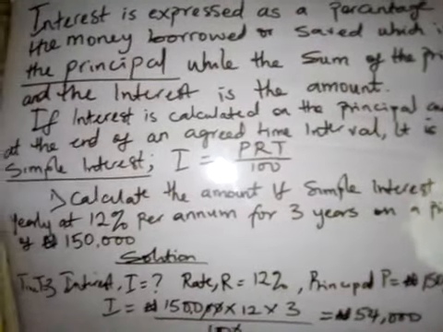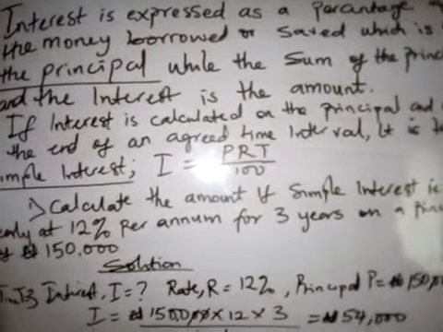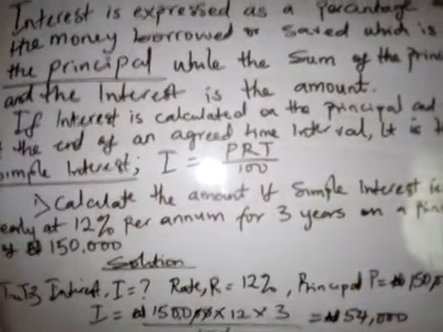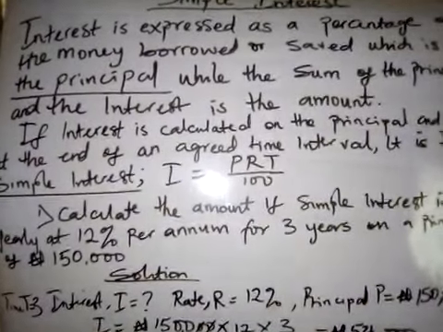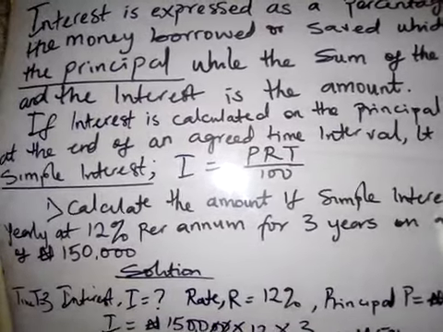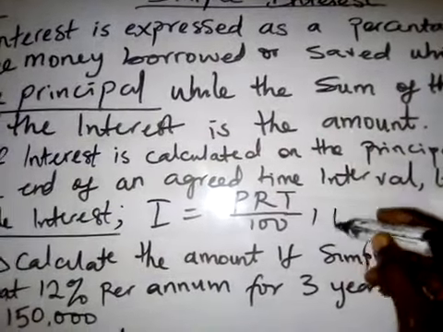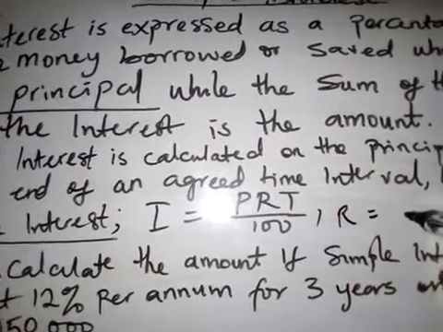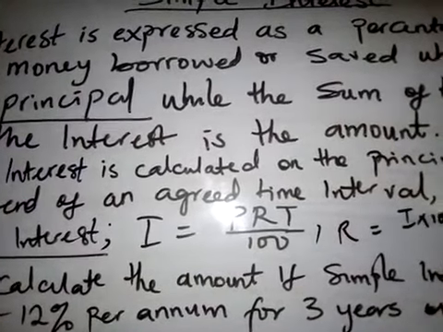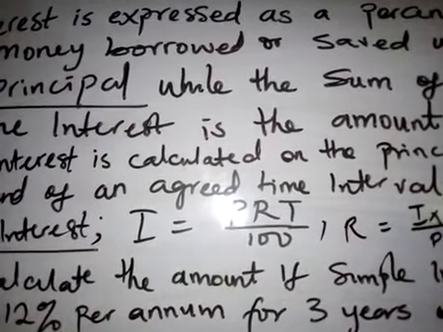And the formula for it is interest, which is I, is equal to principal times rate times time over 100. So don't forget this. Interest is principal times rate times time over 100, and you can make R the subject of formula. If you make R the subject of formula, you will have this times over PT.